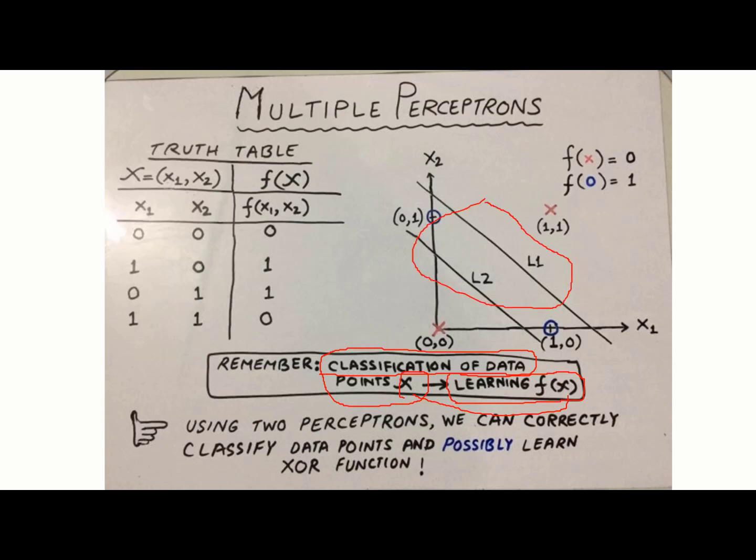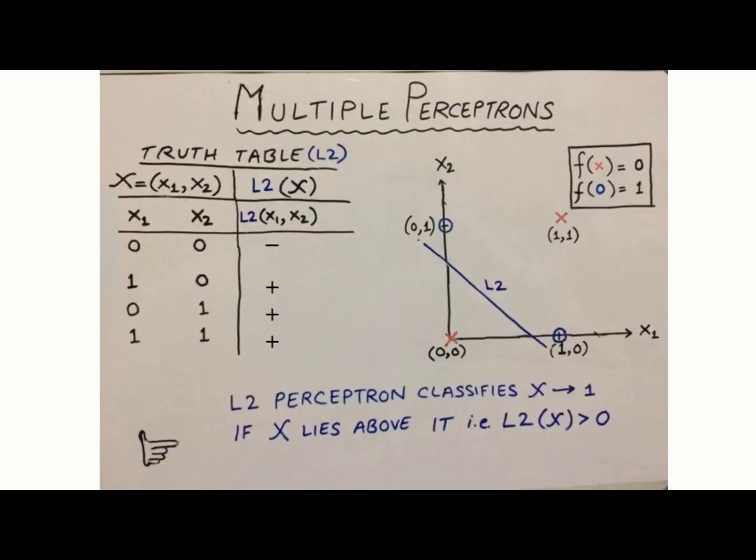And this classification will be perfectly correct, provided that we can combine the two perceptrons using some AND logic. And if we can do that, we can possibly learn the unknown function, which is exclusive OR. Now let us try to think about a situation in which we can use two perceptrons to learn the unknown function f.